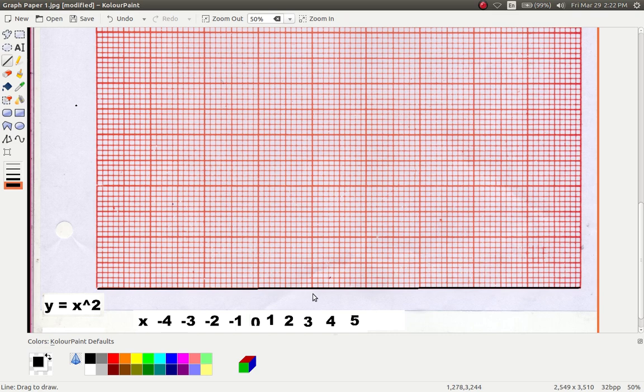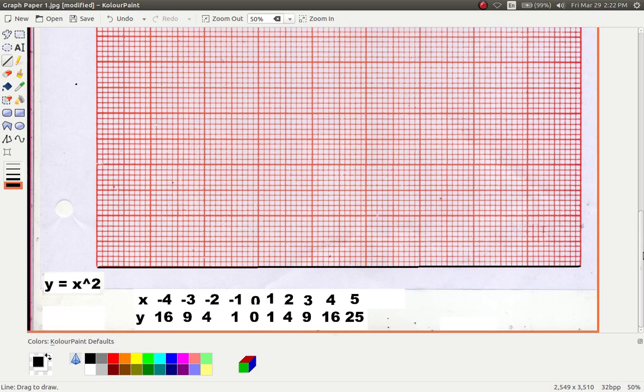Now, where do we put the y-axis? X values go from -4 to 5. Suppose I should start my -4 here and use 1 centimeter equal 1 unit.